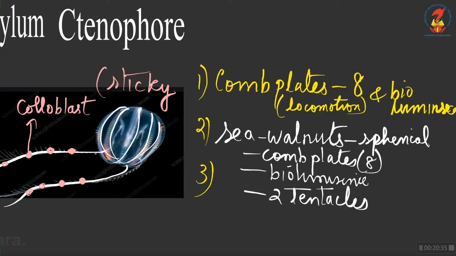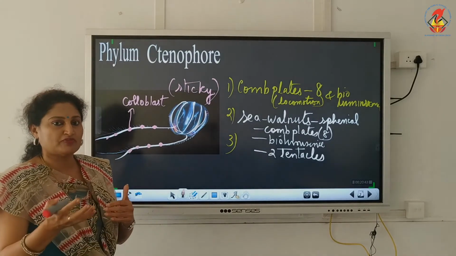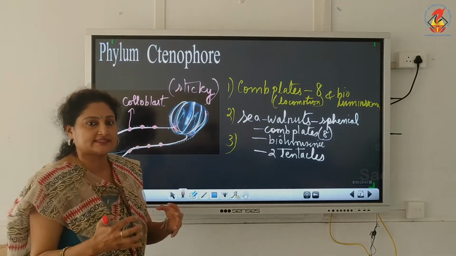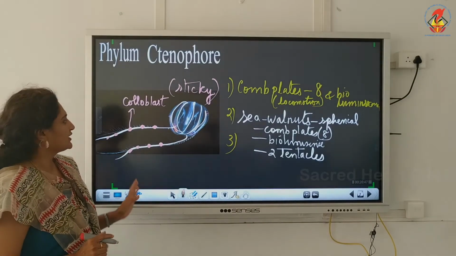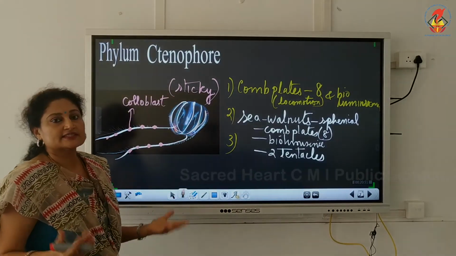Sticky in nature, does not sting, it sticks. So it's very easy for them to capture the prey. It gets entangled in the tentacles, and they cannot slip off because the coloblast sticks the prey to the tentacles. Clear?